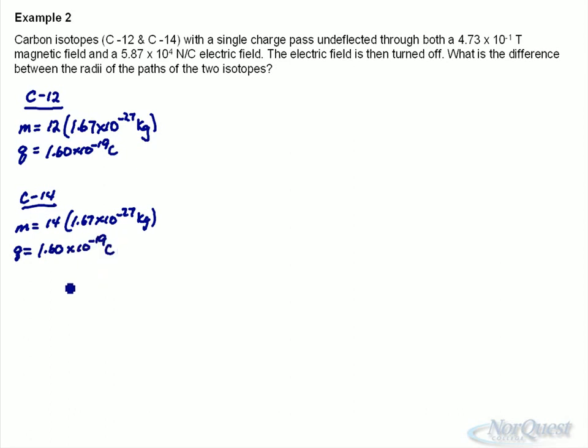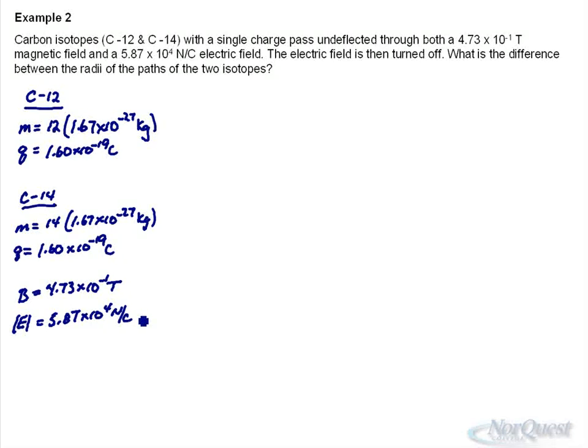We have a magnetic field of 4.73 times 10 to the negative 1 Tesla. We have an electric field of 5.87 times 10 to the 4 newtons per coulomb. And then the electric field is turned off. What we want to do is find the difference between the radii of the two isotopes.